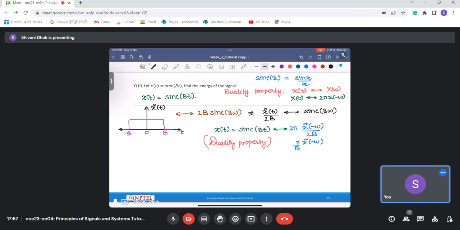So this X(ω) will be the same function, which is non-zero from minus infinity to minus b, and takes a value of π by b from minus b to b, and this is the value of X(ω).